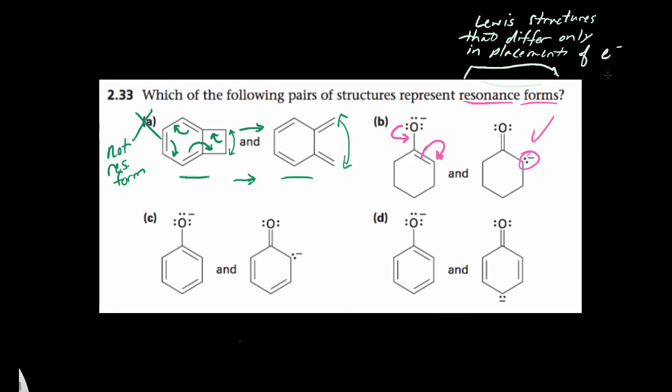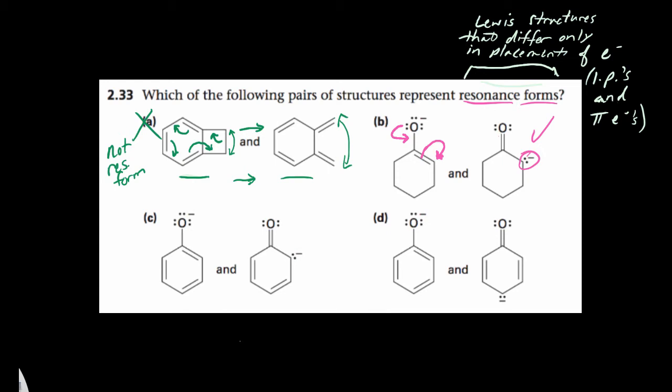And we're talking about lone pairs and pi electrons.